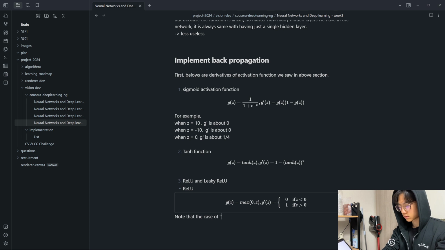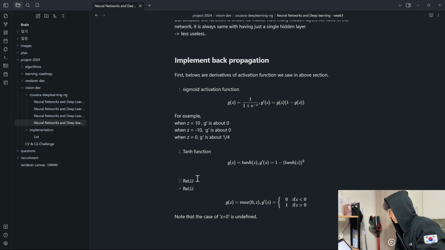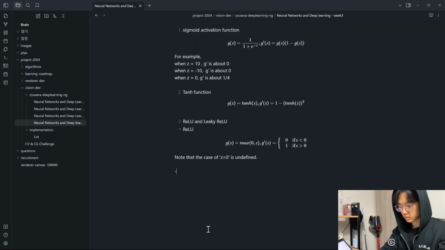And finally, if you are training a neural network with the leaky ReLU activation function, then g of z is going to be max of, say, 0.01z comma z. And so g prime of z is equal to 0.01 if z is less than 0 and 1 if z is greater than 0. And once again, the gradient is technically not defined when z is exactly equal to 0.